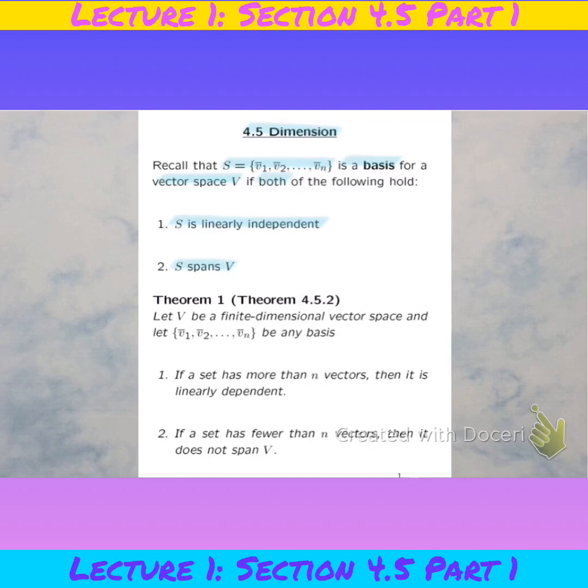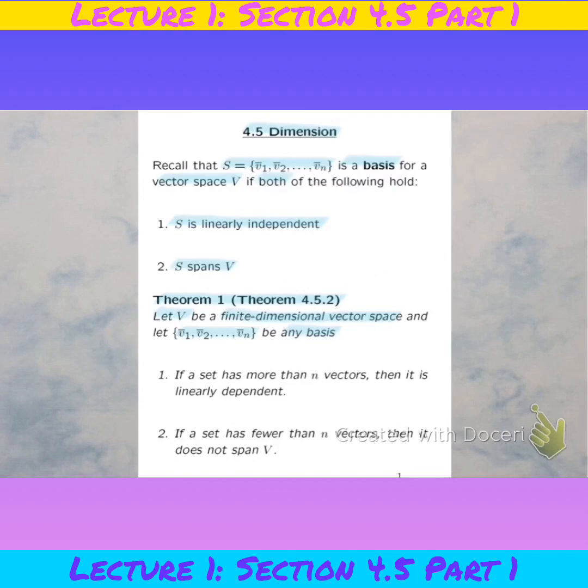Alright, so that brings us to this important theorem, Theorem 1, which is 4.5.2. So if V is a finite dimensional vector space, and v1 up until vn is a basis, right? Okay, now what is a finite dimensional vector space again? It's a vector space that you can span with finitely many vectors.